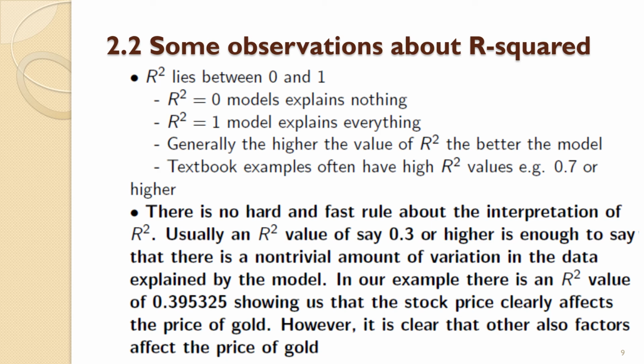It may not be publishable, but it's of sufficiently high value to be useful, even if 0.3 doesn't sound a particularly high value. In our lecture example, for instance, there's an R squared value of nearly 40%. So there's a demonstration here of a relationship between the stock price and the gold price, although it's clear that other factors also affect what is ultimately going on.